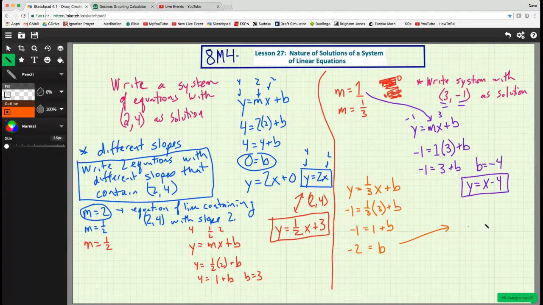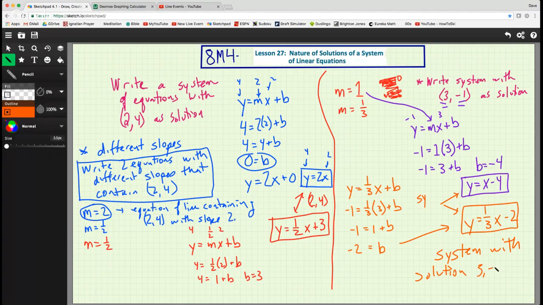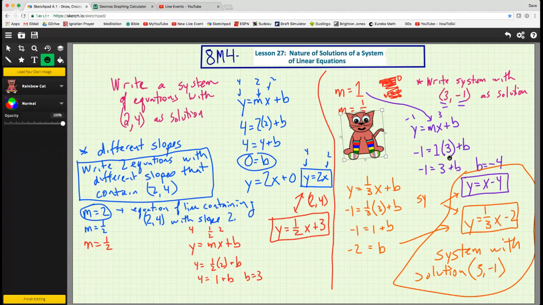So my second equation is y equals 1/3 x minus 2. And so there's my system. This is my system with solution 3 comma negative 1. And that deserves happy cat.